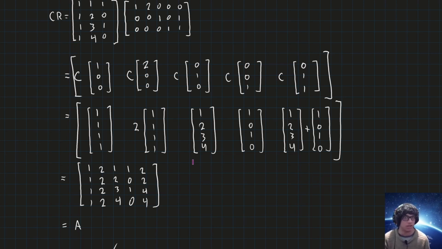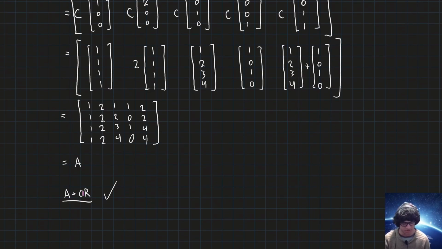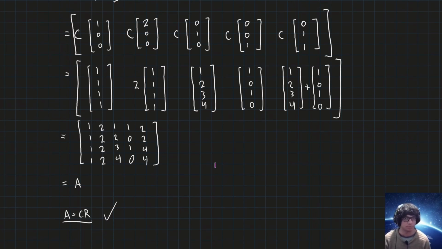So we found a way to recover A by multiplying 2 matrices together. In other words, A equals CR. This is a factorization of A. That's what it means to factor, to break something up into a product of 2 smaller things.